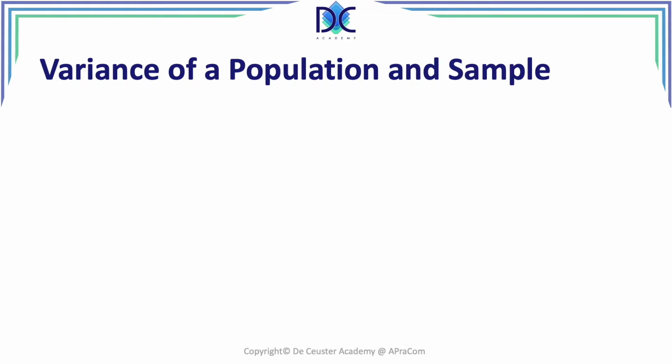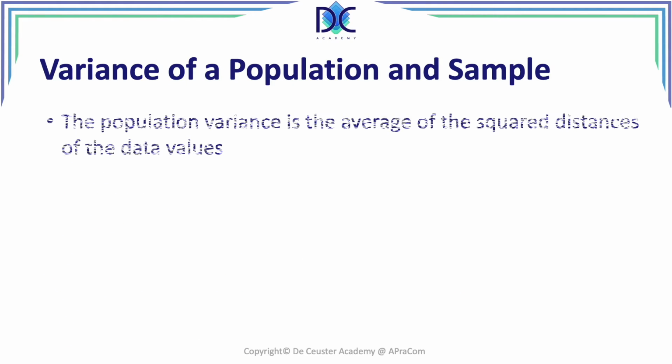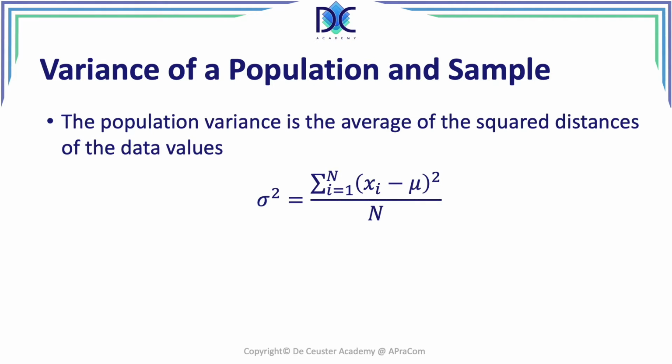Variance of a population or a sample: what we are going to look at is the average of the squared distances of the data values relative to the average, to the mean value. It's basically the average square distance, a parameter which indicates the square distance relative to the central value.